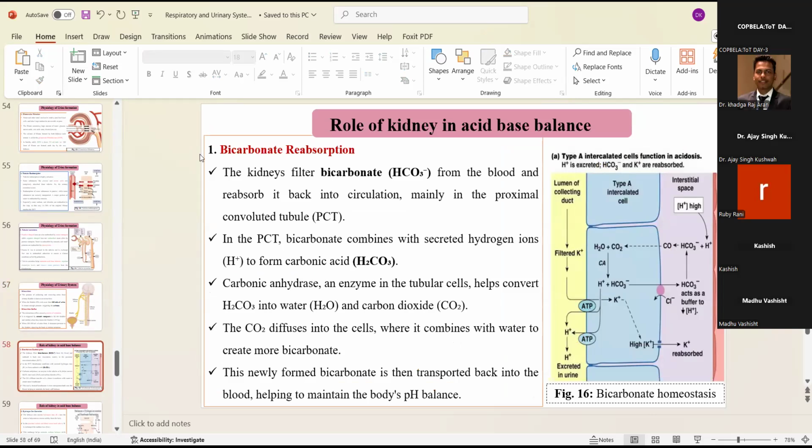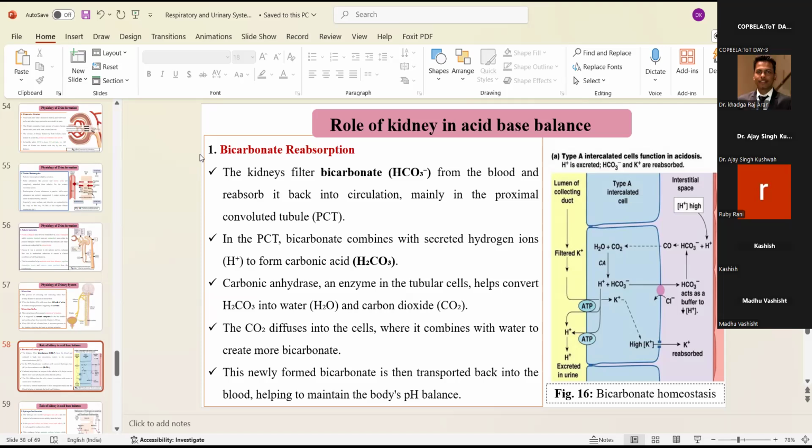Next, the role of the kidney in acid-base balance is bicarbonate reabsorption. Our kidney filters the bicarbonate from the blood, and bicarbonate is reabsorbed in the proximal convoluted tubule, that is PCT.